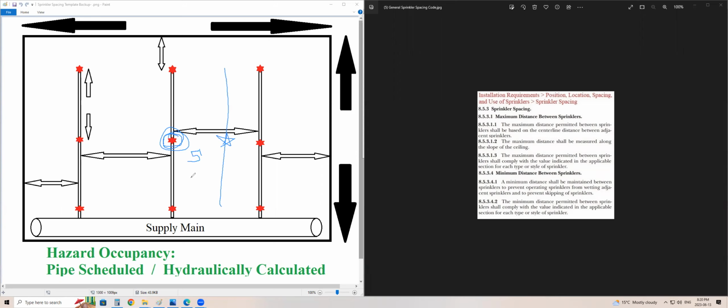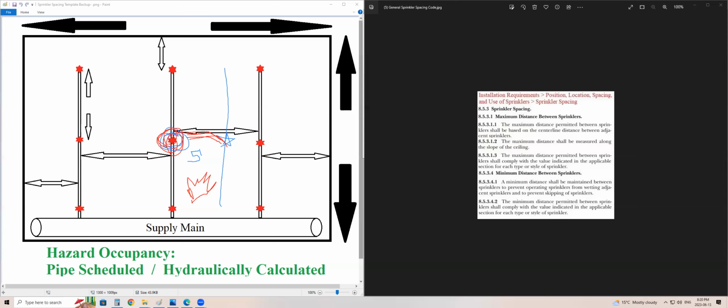If a fire were to start, say, right here, right in between this branch line and this branch line, and let's say this head goes off, well, the water spray is going to spray on the thermal element of the next head over, and it's going to cool it down, which means this head will never go off. Whether it's a frangible bulb, soldered link and lever, or fusible link, it doesn't really matter what it is.